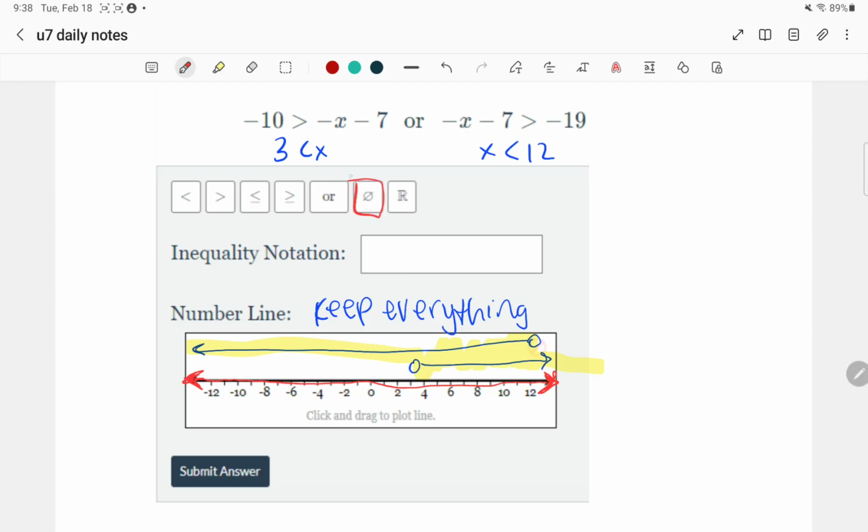Remember, this one was nothing. This one, though, means everything. And this is usually how people draw it with a pen. Okay, Delta Math will give you the fancier looking R, but this means all real solutions, literally everything, arrow to arrow.